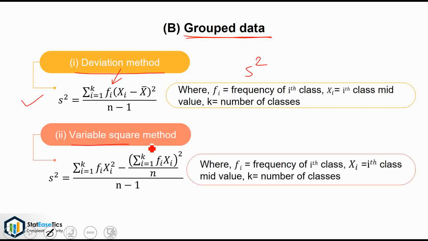And same for the variable square method. We can get it by the square of the standard deviation formula, that is, the root sign will be removed, or we can get it from the formula of ungrouped or raw data by adding the frequency terms at these places.